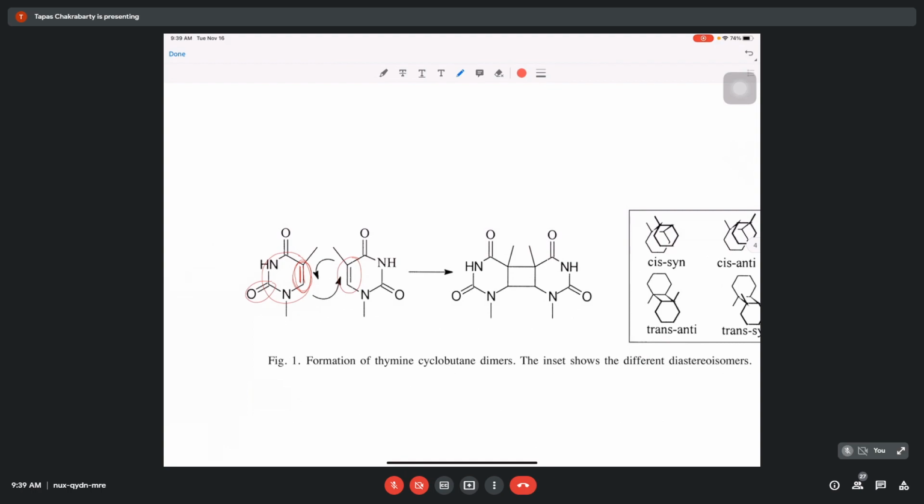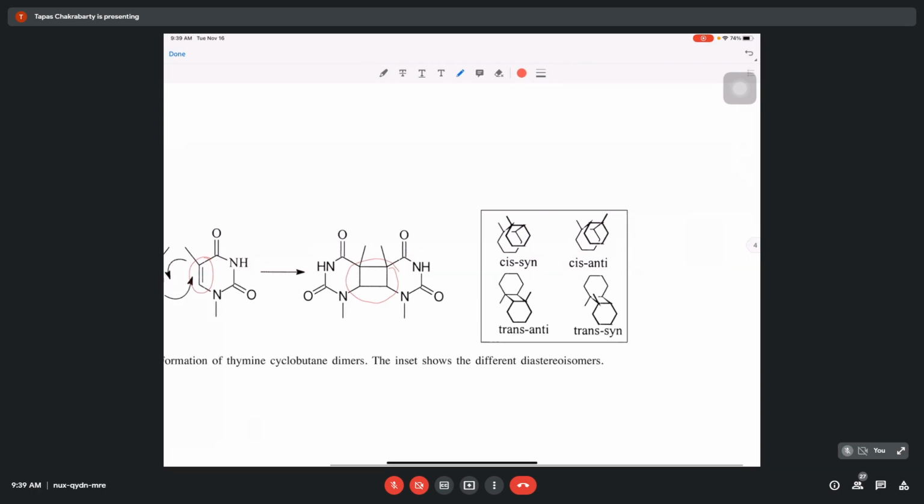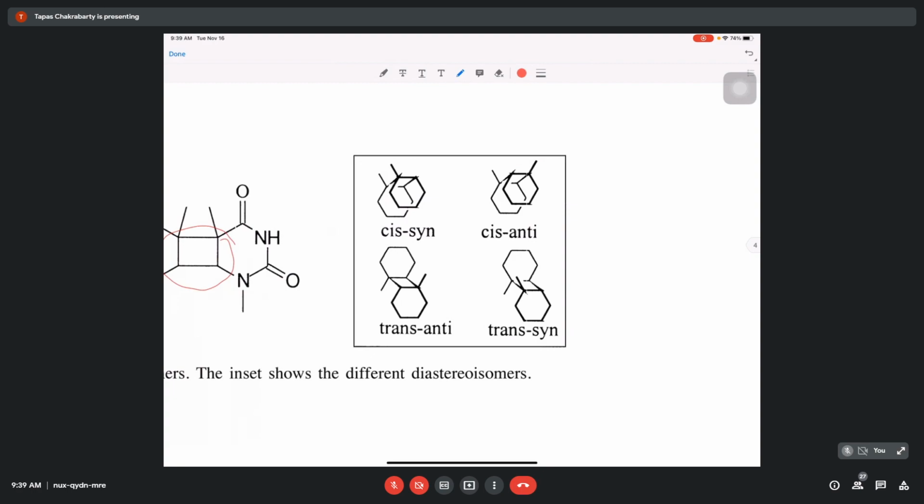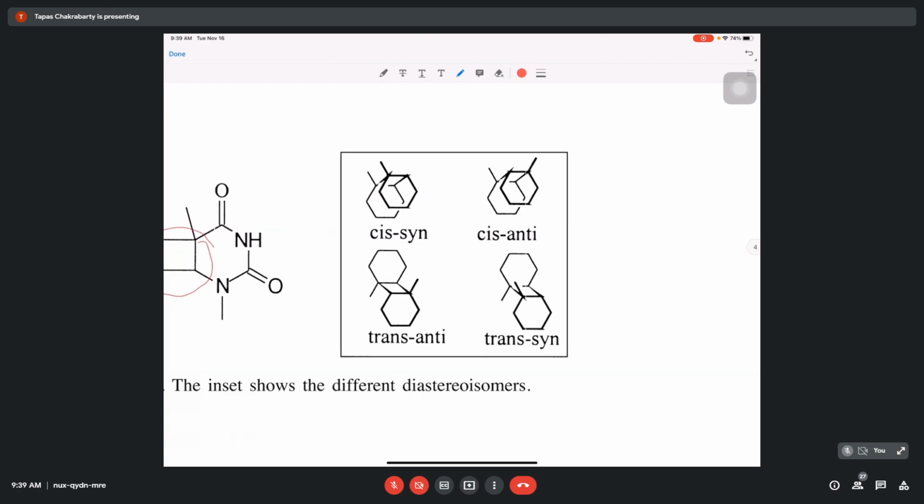Depending upon the position of the methyl substitution, if the methyl groups are on the same side, you can get this kind of structure. But since the overall molecule is non-planar, all the different diastereoisomers that you can generate are shown here.